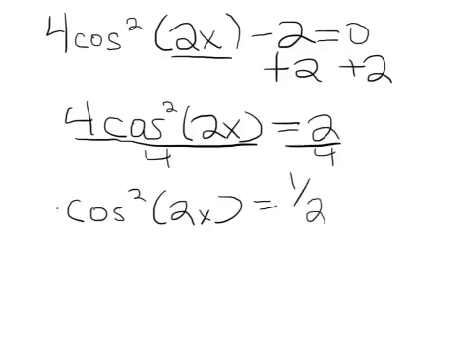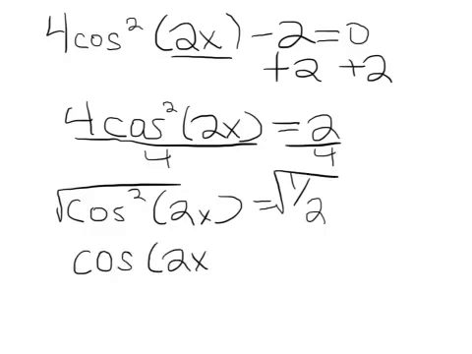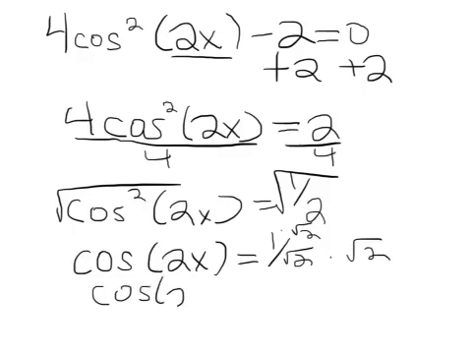Next, you would take the square root of each side, so cosine of 2x equals 1 over the square root of 2. We can't have square roots in the denominator, so you multiply by the square root of 2 over the square root of 2 to get cosine of 2x equals the square root of 2 over 2. Remember that it has to be plus or minus when you take the square root of both sides.